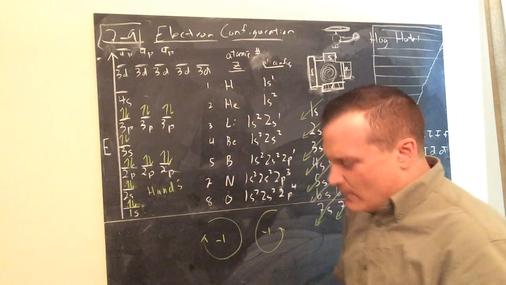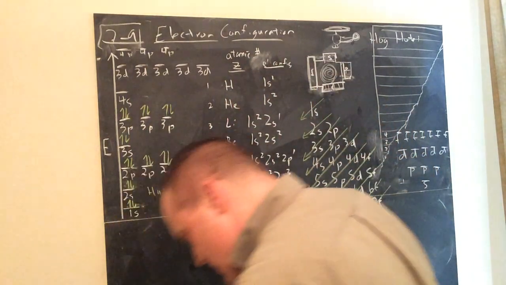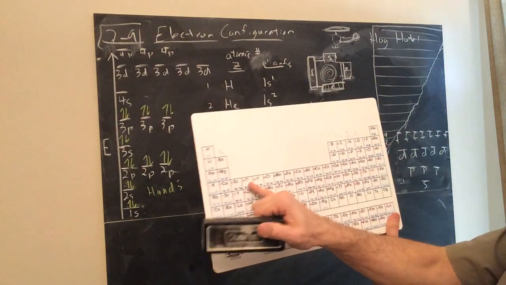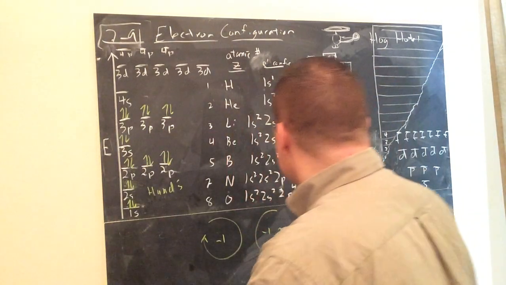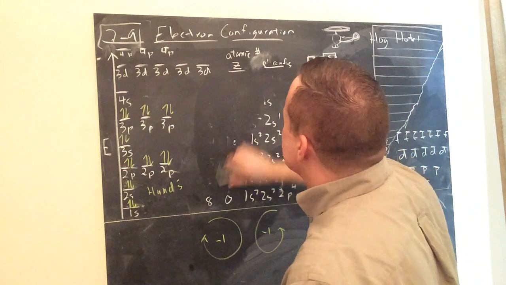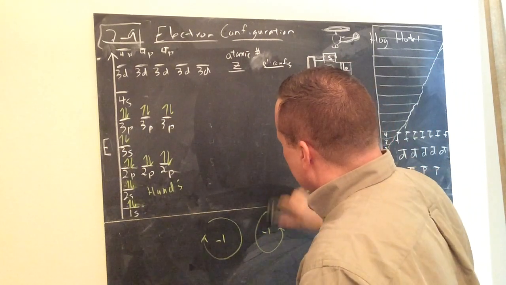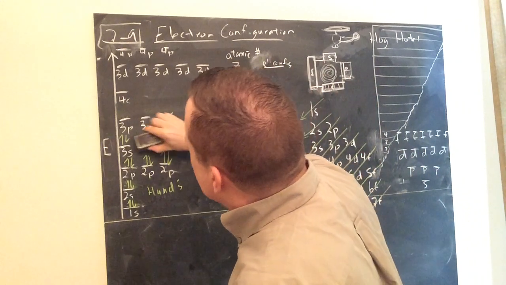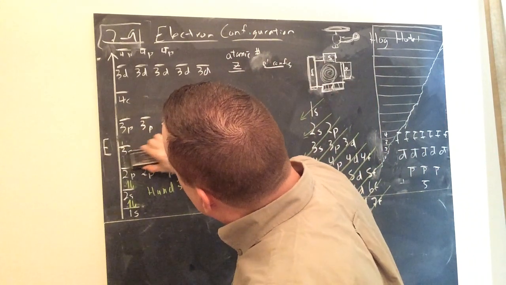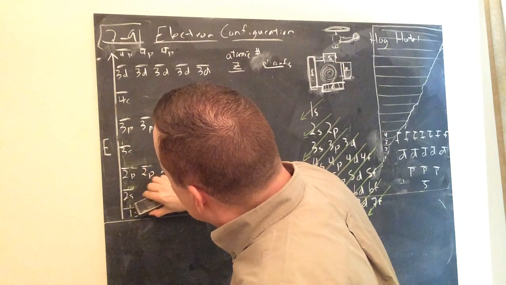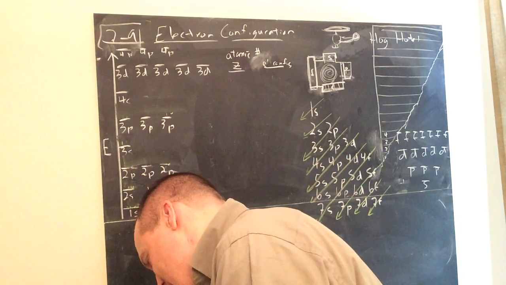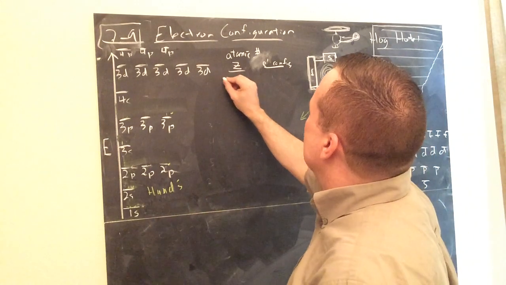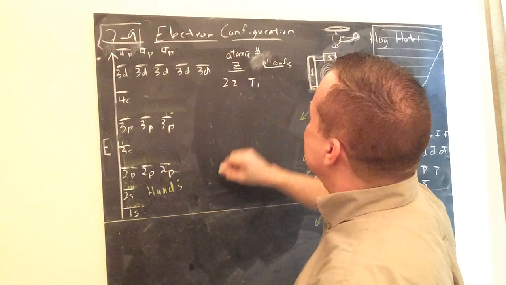Okay, so let's jump all the way to titanium, right here. All right, so I'm going to erase some of this. I could erase all of it. I guess I will real quick, why not? We're on the video, you can always go back. So titanium has 22 electrons when it's neutral. So 22 electrons for Ti, titanium.